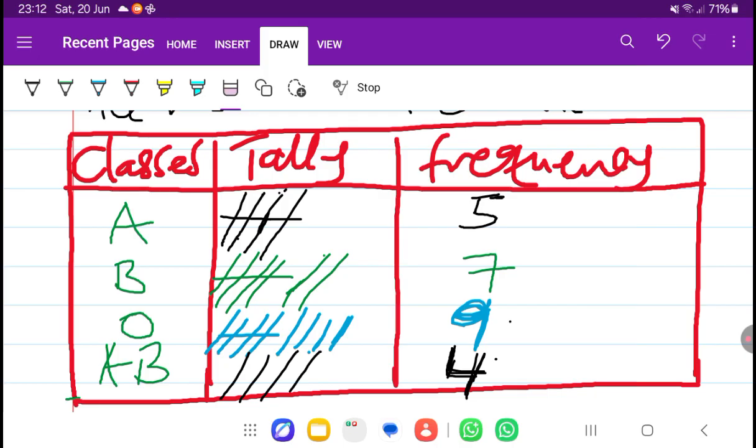So the one with the highest frequency, which is of course this one, which is 9, is going to be blood group O, because most of the new recruits have blood group O, followed by those with blood group B, because there were 7.